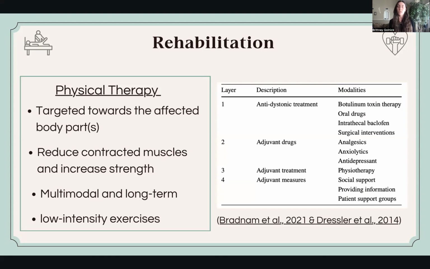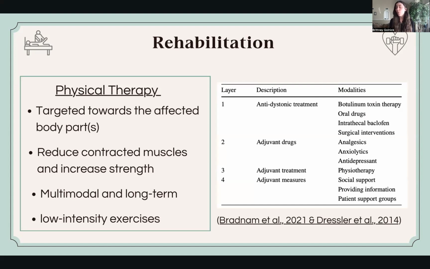And when talking about dystonia, you really can't just think of it as being treated with one modality. It is more of a multi-layer disease. Most of the time, someone's not only going to have the modality of oral drugs, but they're also going to pair that with physical therapy or antidepressants or Botox.